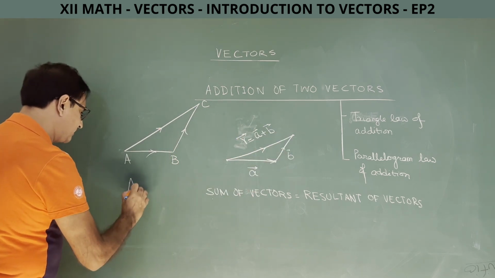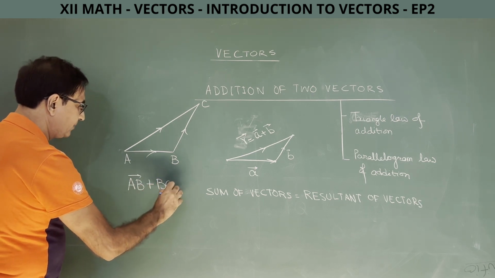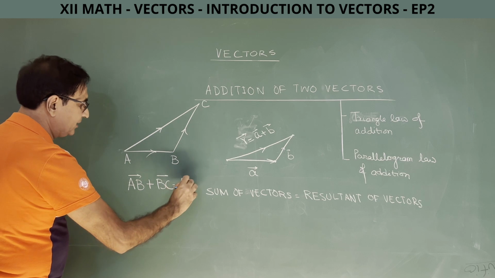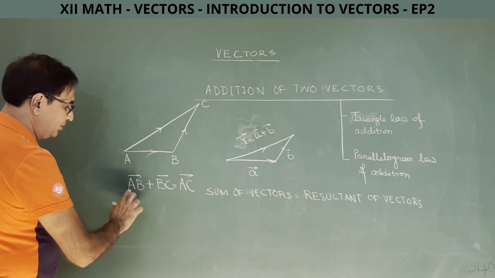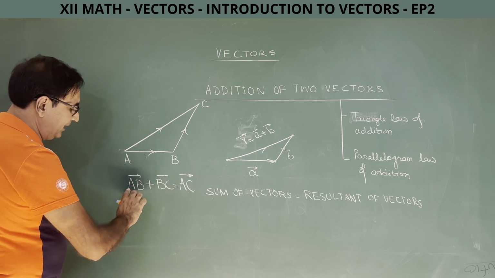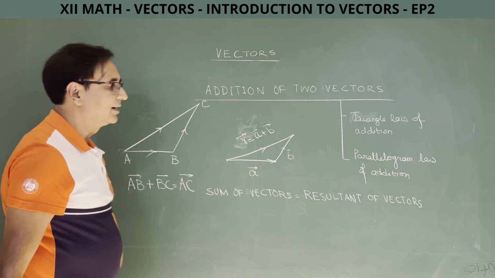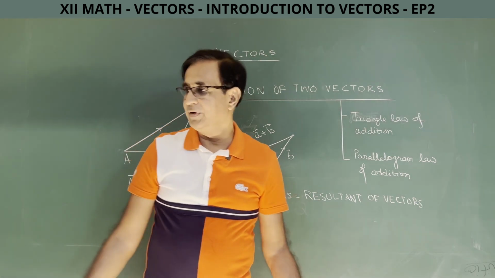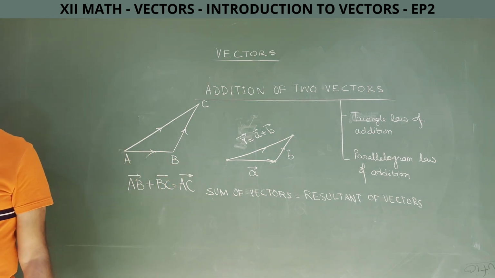So vector AB plus vector BC is equal to vector AC. You go from A to B, then from B to C, then finally the shortest distance between A and C, that is vector AC, will be the sum of the two vectors. So this is called triangle law of addition.